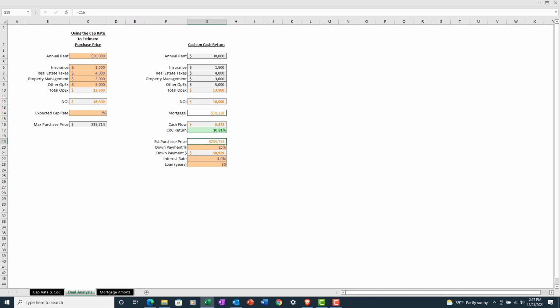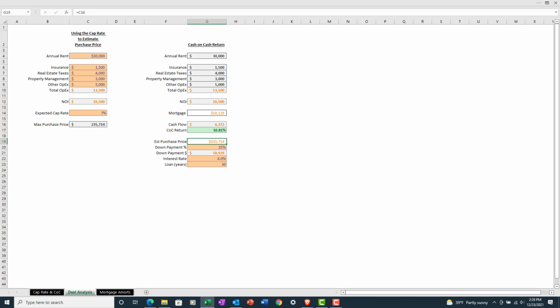You can play with the cash on cash return calculation by changing the input assumptions down here in the orange cells, the down payment percentage, interest rate, and the loan years. So our initial amounts here are set to 25%, again, pretty standard for investment real estate, an interest rate of 4% with a 30-year loan.